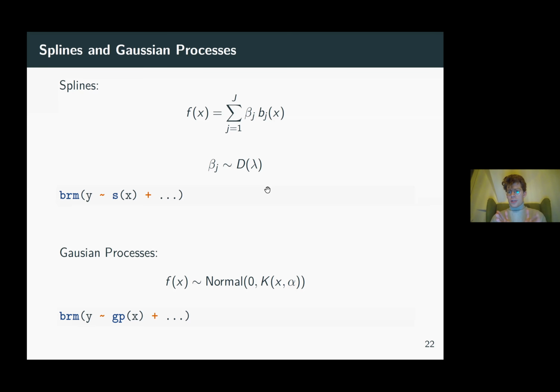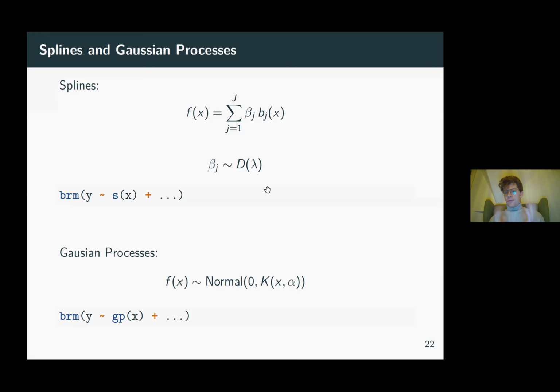But all the user sees is that if you want to fit this nonlinear function of x using a spline, all you do is write s(x). So basically y ~ s(x) plus additional terms means let y be predicted by a spline of x. There are lots of different options for splines, but the default one is just s(x).